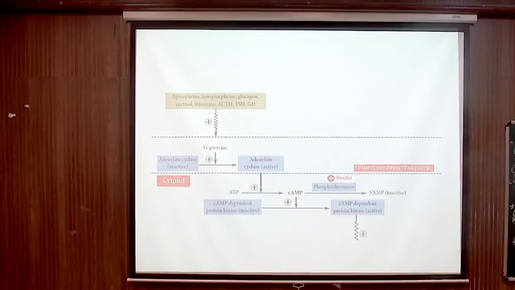Protein kinase will in turn activate the hormone sensitive lipase. Okay. So, once this hormone sensitive lipase is activated, it causes lipolysis. Whenever there is an increase in cyclic AMP, it favors lipolysis by this mechanism.